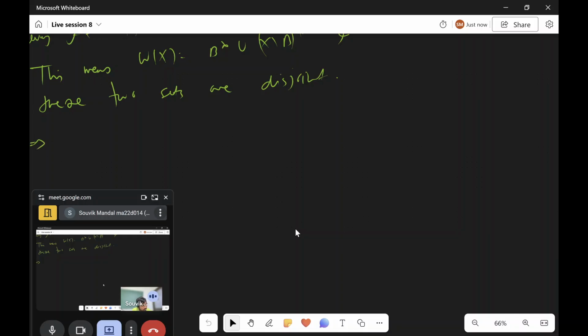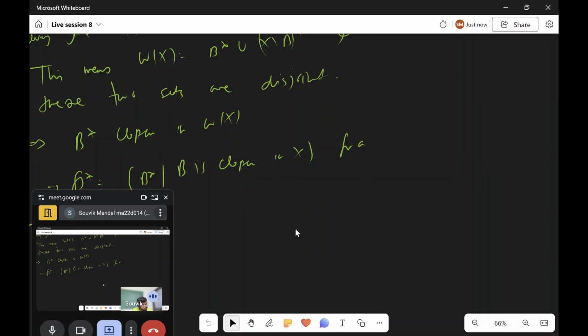So this means that B upper star is clopen in W(X). The collection of all the B upper stars, where B is clopen in X, forms a basis for W(X).